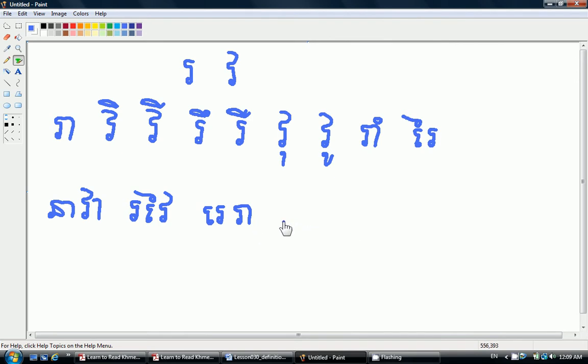Now let's write piro, po srak a, ro srak a. Srak a changes sound to srak e, so po e, pi, ro srak a. Srak a changes sound to srak o, so ro o, ro, so piro.